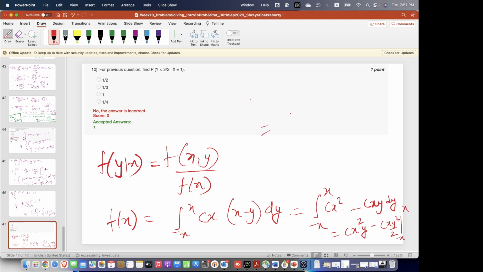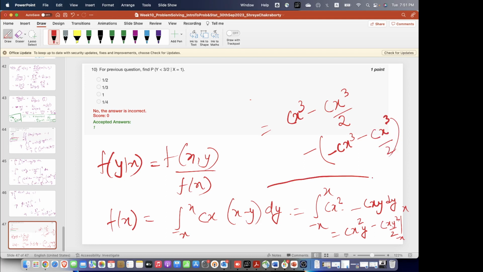So this would be cx cube minus cx cube by 2 minus of minus cx cube minus of y square will be this thing, so it will be cx cube by 2. So what we would have here is 2cx cube, and this one would get cancelled. So 2cx cube is the marginal.